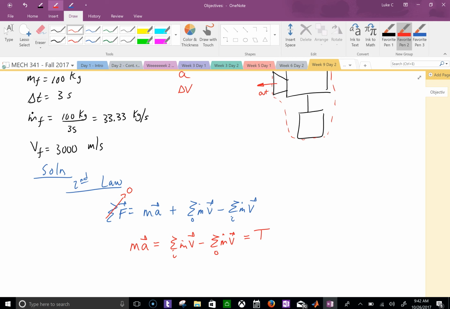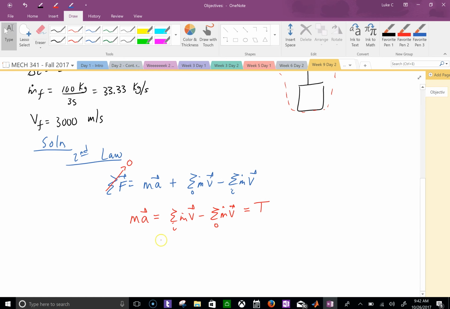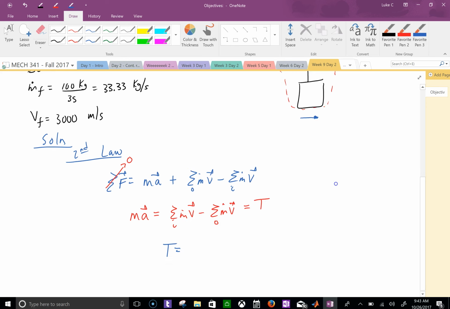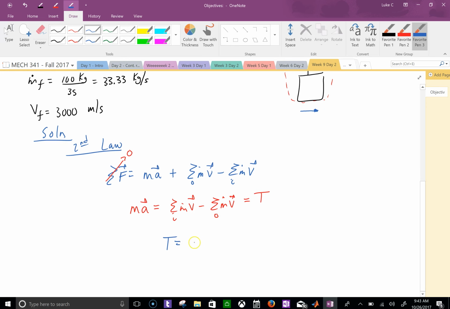Okay. So I'm going to rearrange. I'm just going to put T equals. Do we have anything coming in? No. Which way is the satellite moving? To the right. So that's the way that we want to pick our positive direction. So we have minus M dot out, and the velocity is positive or negative?